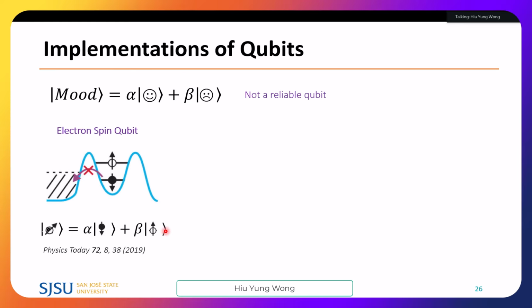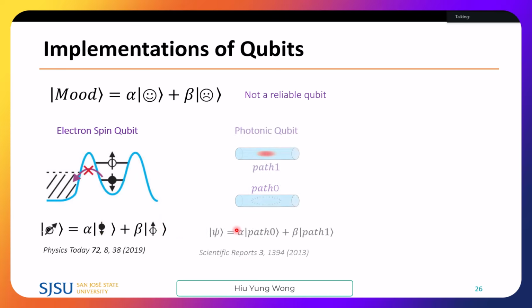So we can use spin, electron spin. You put an electron spin in an external magnetic field, then it has 2 energy levels, right? That is great. So I can have a state that's a linear combination of spin down and spin up. Or a photonic qubit. Here, this paper did not draw it, but basically there's something called dual rail encoding.